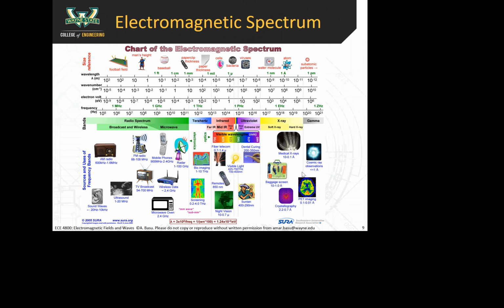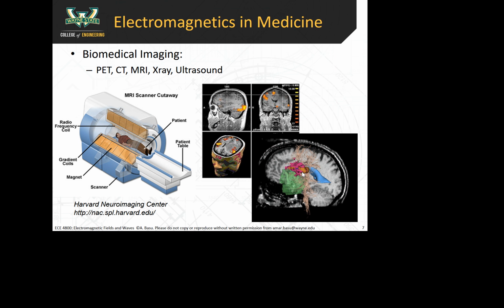Yeah. What was the difference between PET imaging and fMRI? That's a good question. It's the type of radiation that's used, the frequency and the wavelength of the radiation.